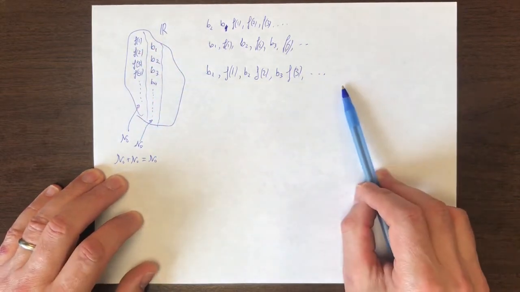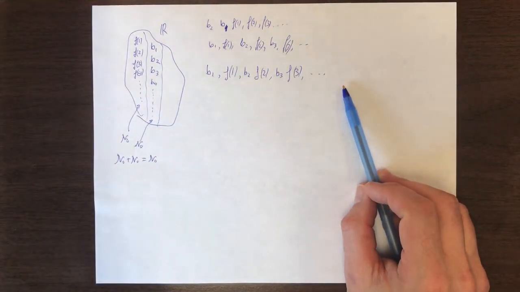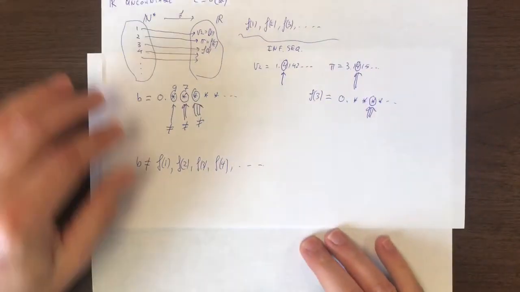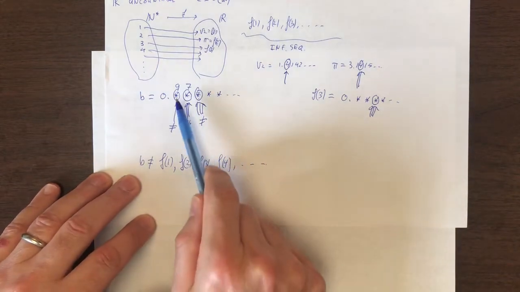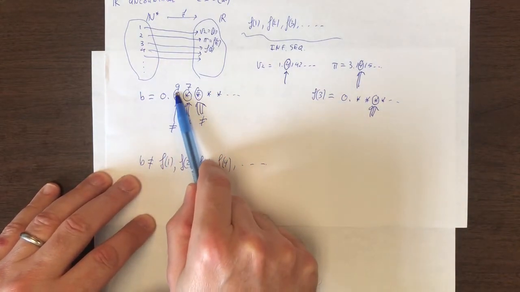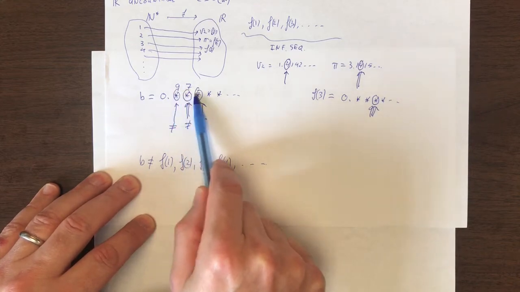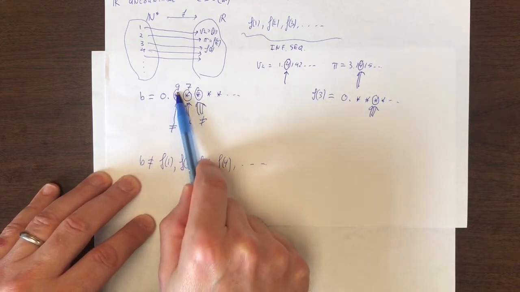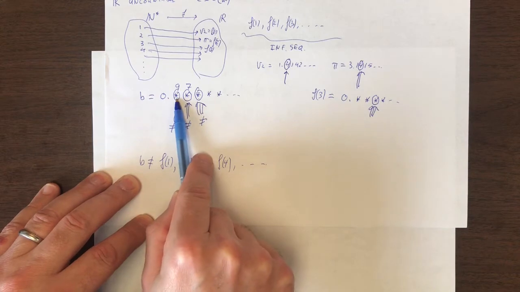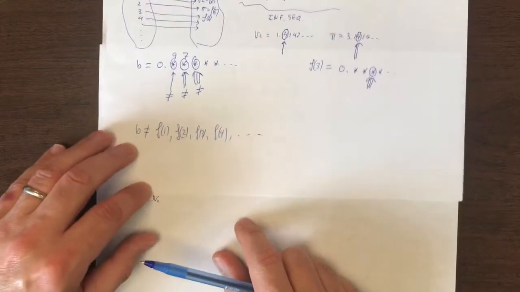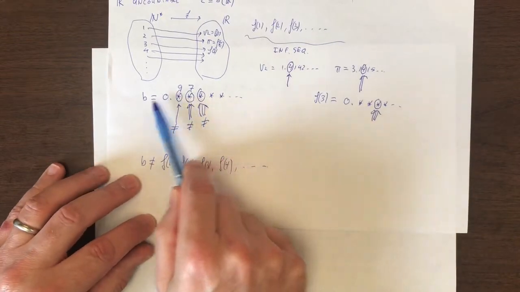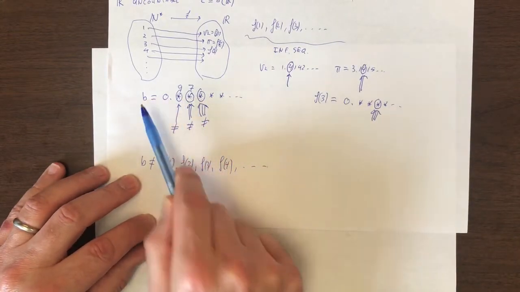And because they fit in one sequence, I can once again apply the same trick like before to that sequence. So I'll make sure that this digit is different from the first digit of the first member of my sequence. And this one's going to ensure that B is different from the second member of the sequence.